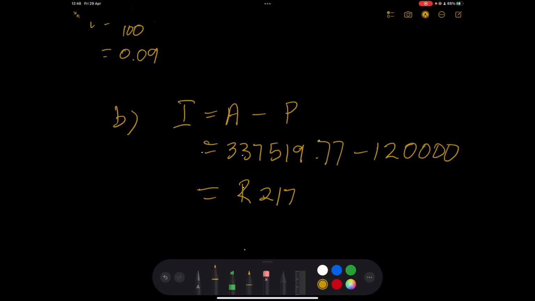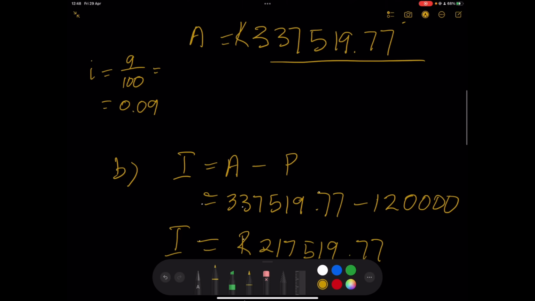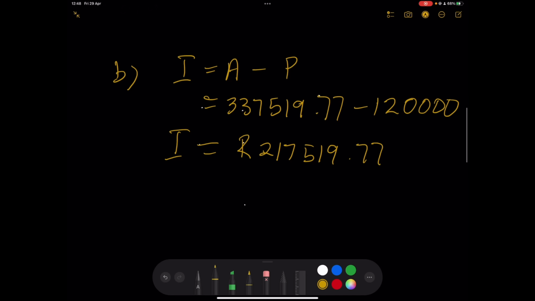That's 217,519.77. So think about it. In that period of time, Kabelo would have actually earned more interest than even the principal amount that she initially invested.